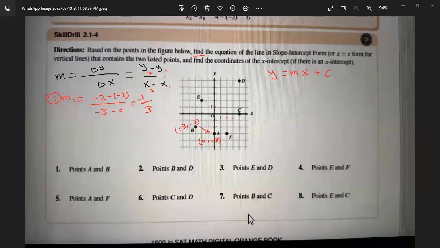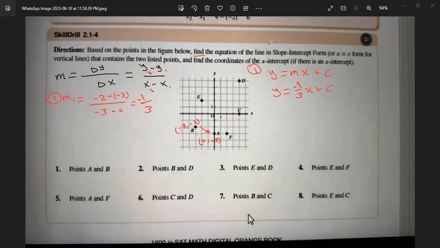I'm trying to check by my calculator: negative 2 minus 3 over negative 3, so negative third, yes, right. We have the slope, so for number 1 here, we have y equals negative third times x plus c.